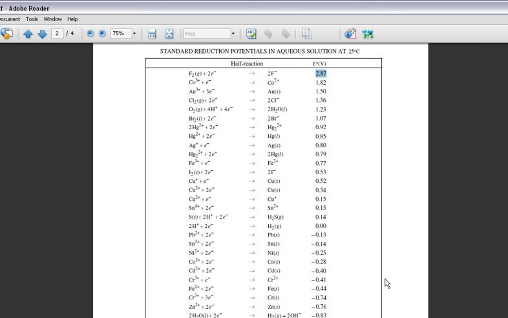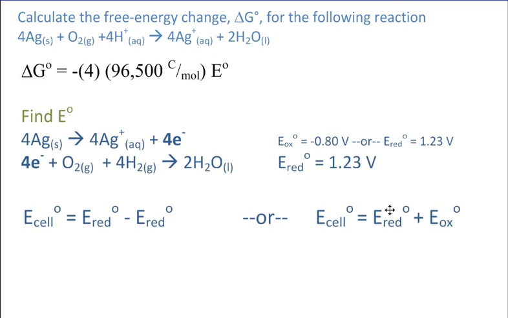So that's why I flipped this for silver, because it's not being reduced, it's being oxidized. So that's why I wrote E ox naught, because it's the oxidation potential. And if I'm going to use that value, I'm going to use it by adding it to the reduction potential, so the potential of the cathode, and that will give me the cell potential.